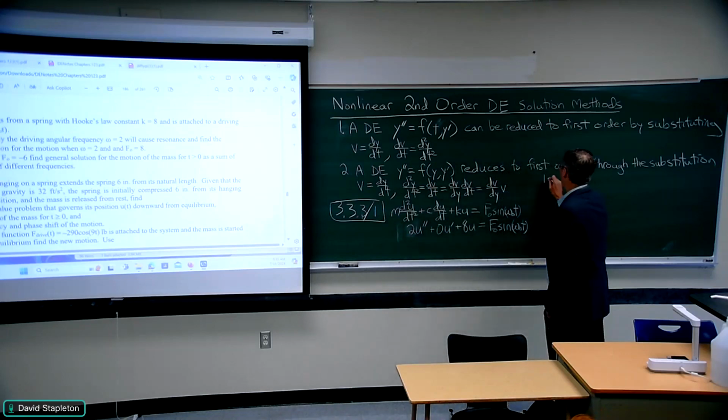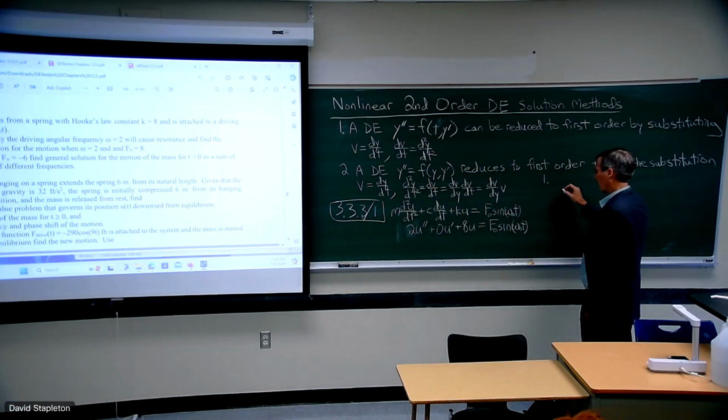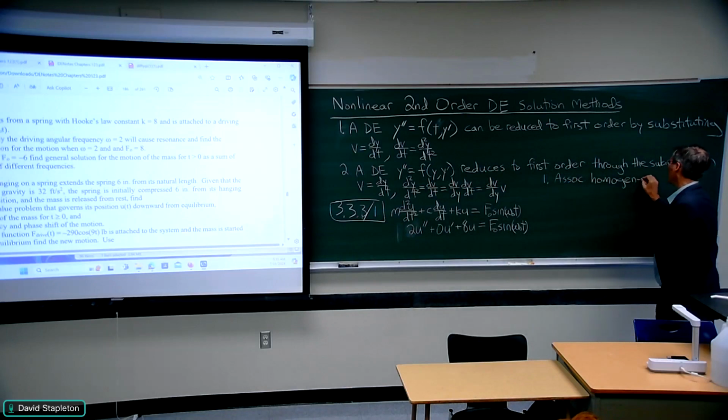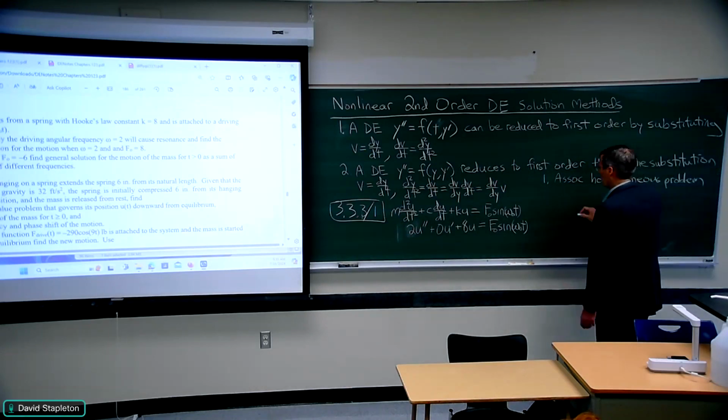And then to see what causes resonance, you can look at the associated homogeneous problem, by dropping the force that's applied on the right-hand side and just putting 0.